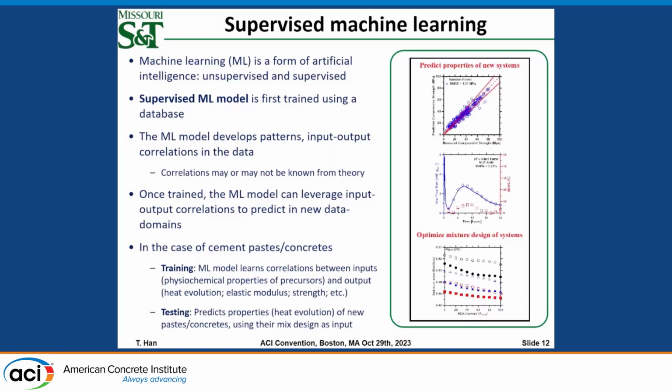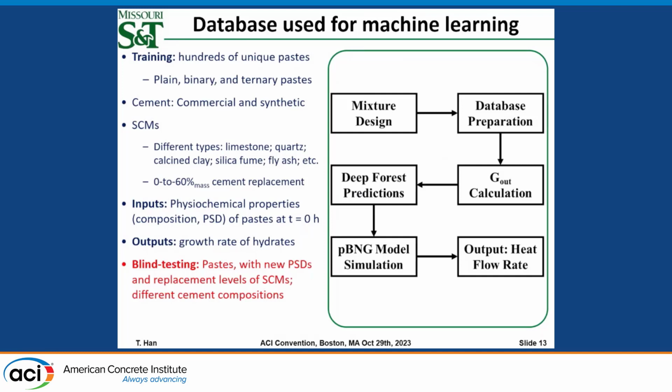In our study, we use the mixture design of the cement and also the physical and chemical properties of the cement, like the specific surface area of the cement and SCMs, as the input. The machine learning model predicts the growth rate of your hydrates, and then we implement the growth rate of the hydrates in the nucleation and growth rate model to produce the heat flow rate profiles here. Our SCMs include the most common SCMs: quartz, limestone, silica fume, metakaolin, and also fly ashes.